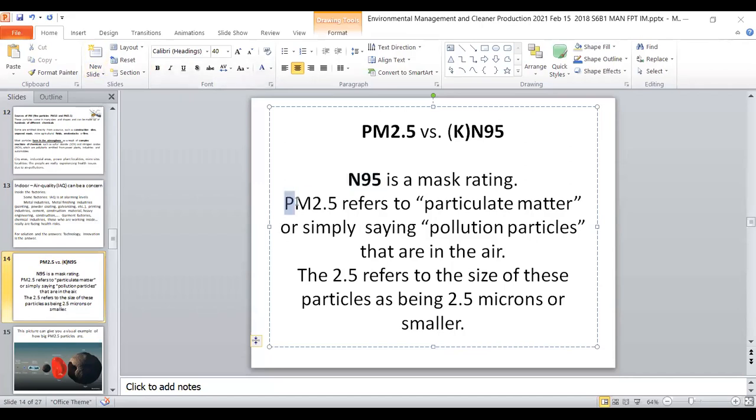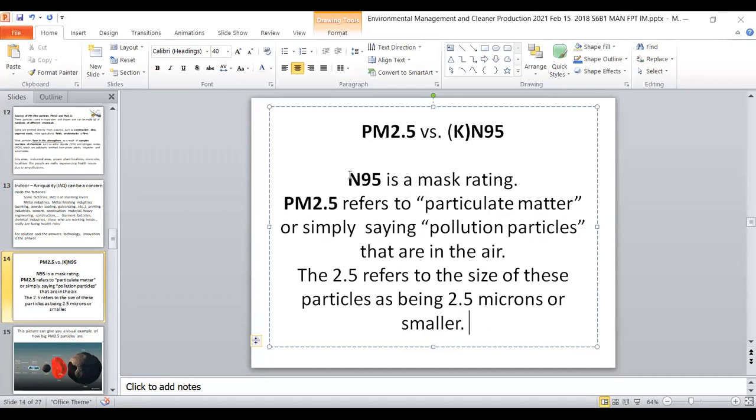PM 2.5 is the particulate matter rating. So N95 masks can help to prevent exposure to PM 2.5 to reasonable levels.